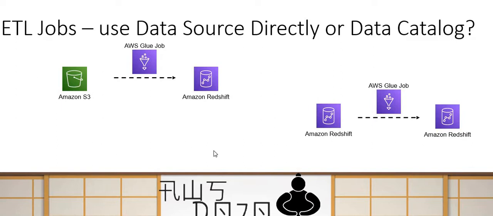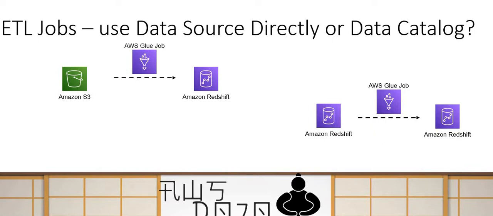Suppose you're writing a Glue ETL job which moves data from an S3 bucket to Redshift, or another ETL job which takes data from Redshift and moves it into another table in Redshift. It could be any combination, guys. I'm just showing examples: S3 to Redshift, Redshift to S3, Redshift to Redshift, S3 to S3, RDS to S3, RDS to Redshift. All those combinations are possible.